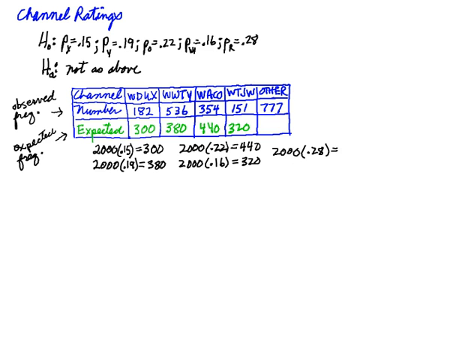And that is 560. What we observed was 777. So in an estimating way, it looks like other stations have increased, and some of the other ones have decreased, although WWTY seems to have increased some.